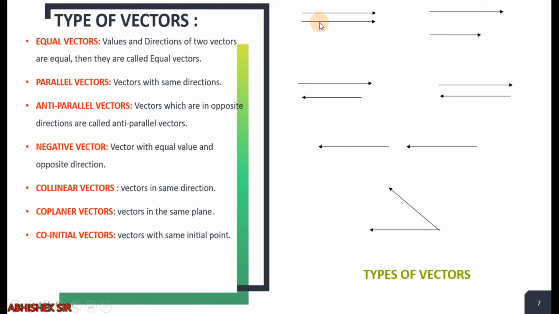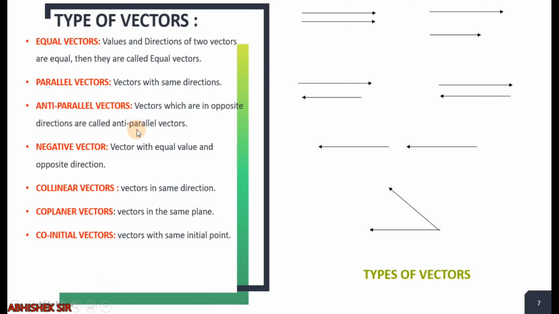You can see over here, both the vectors are having same direction and same value, that means same length, so they are called equal vectors. Parallel vectors, vectors with same direction but not necessary that the values are same. So here you can see they are moving in same direction but the lengths are different, right? So they are called parallel vectors.